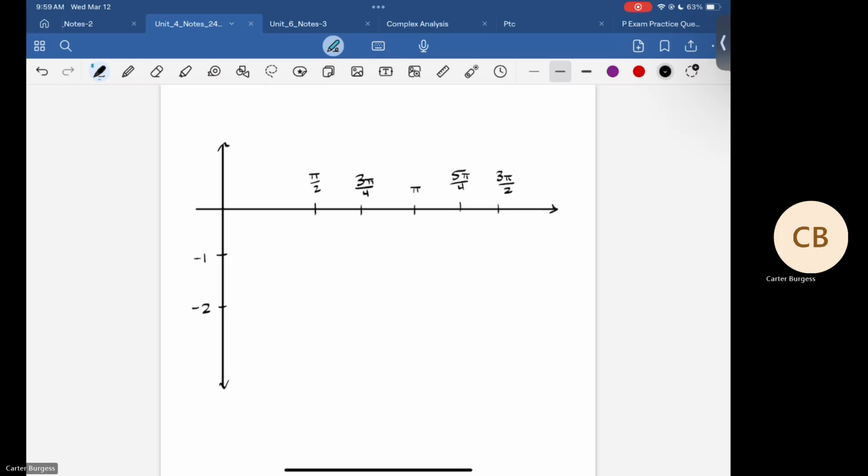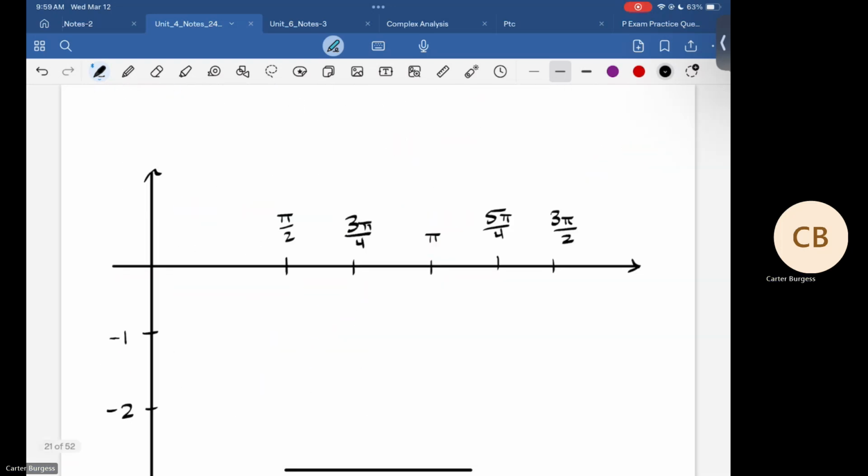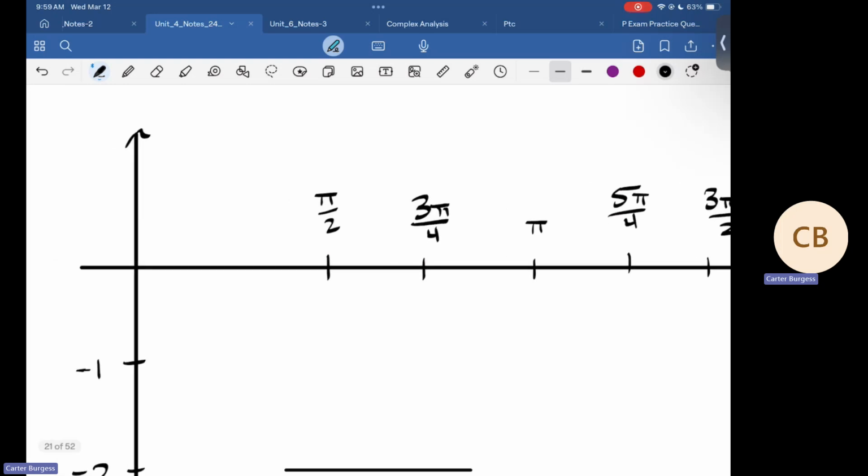I've done this problem before today. How do I know the spacing? They're evenly spaced. So for instance, halfway between 0 and pi is pi over 2, and halfway between pi over 2 and pi is 3 pi over 4.